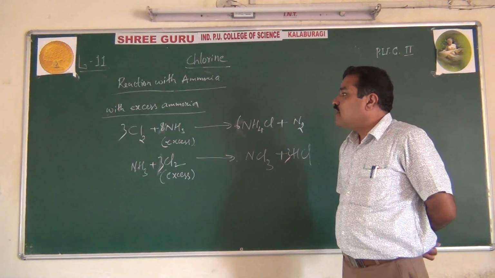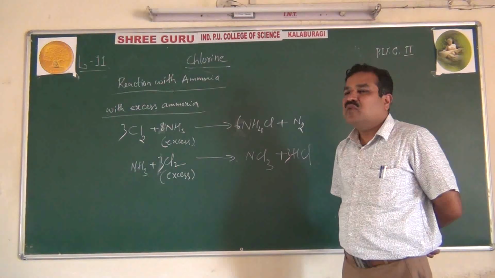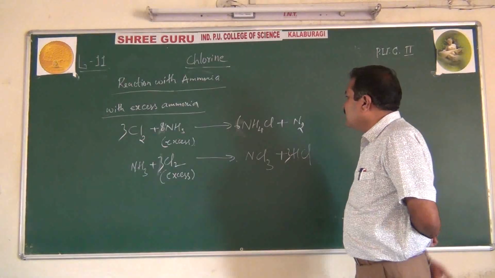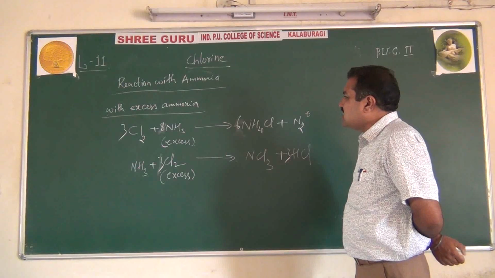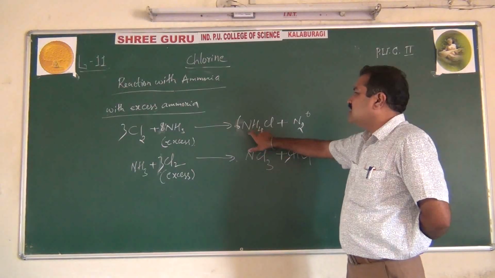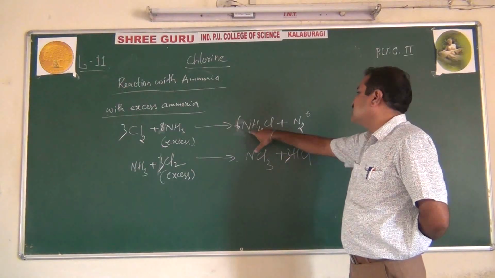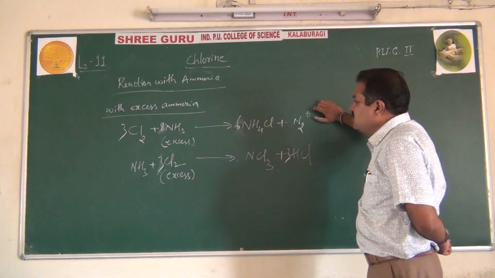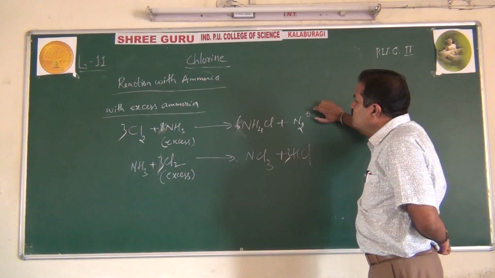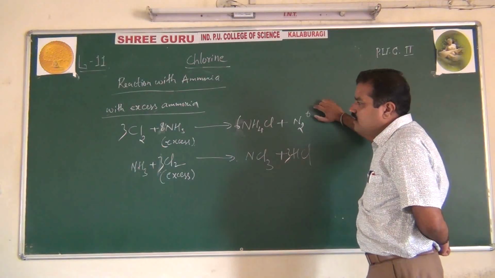That means when chlorine reacts with excess liquor ammonia, it will form ammonium chloride and nitrogen. Okay. From -3 to 0, that is, generally here it is +3 and 0. That means it gets oxidized to nitrogen and reduced to ammonium chloride. Got it?